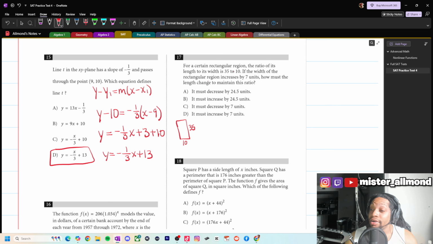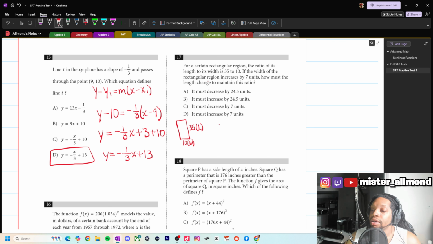So 35 is the length and 10 is the width. So let me denote that on my illustration here. Length is 35. I'll put an L in parentheses and then I'll put a W right here. So length to width, 35 to 10. Okay. If the width goes up by 7, how must the length change to maintain this ratio?